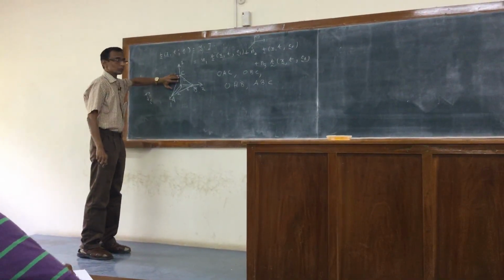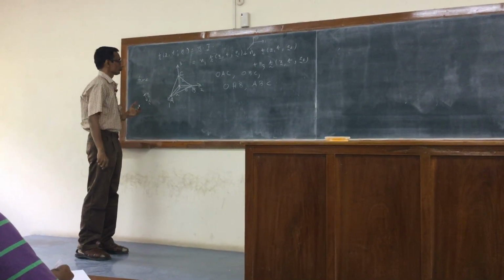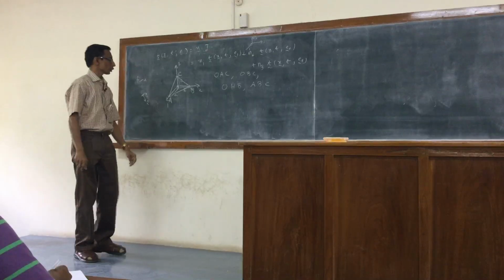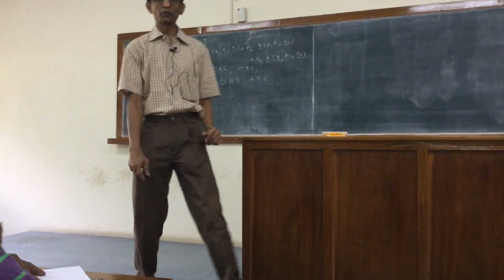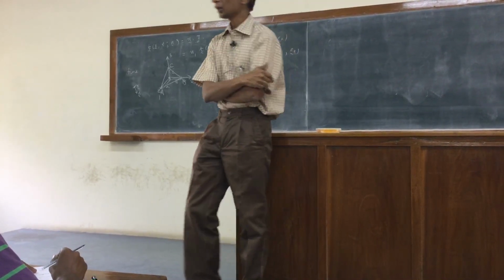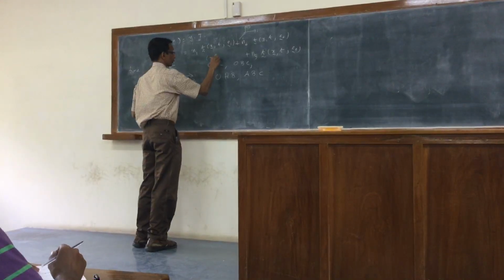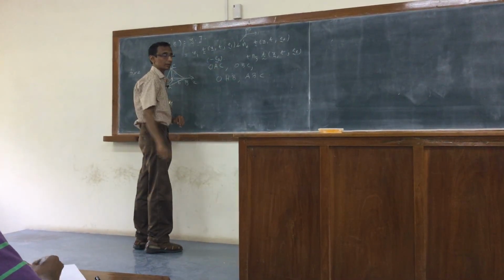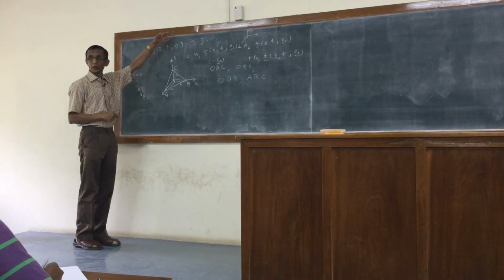So now, what is the outward unit normal for OAC? Unit normal for OAC is minus E2. This is the normal, right? OBC outward, right?